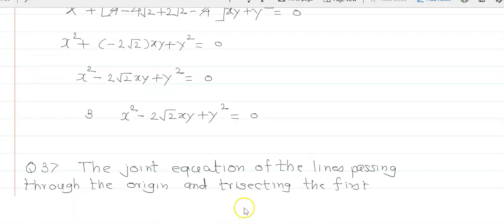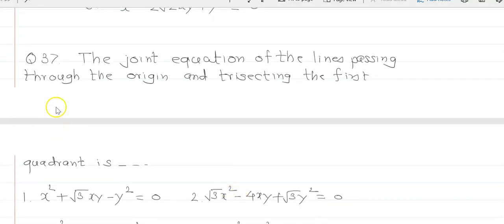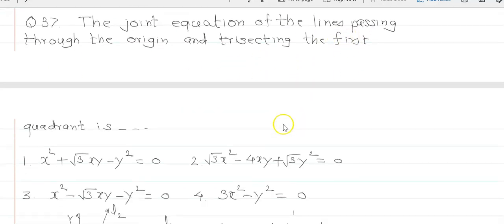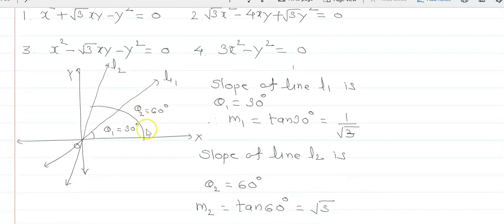Now the next is the joint equation of the lines passing through the origin and trisecting the first quadrant. Now see this, these are the two lines making angles of 30 and 60. It trisects, means 30, 30, 30. It divides the angle into three equal parts.